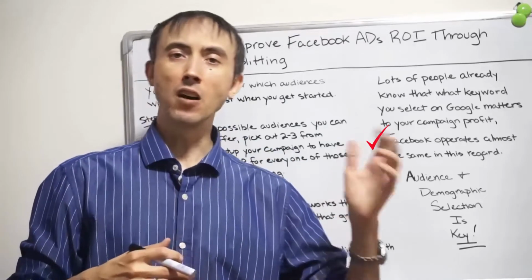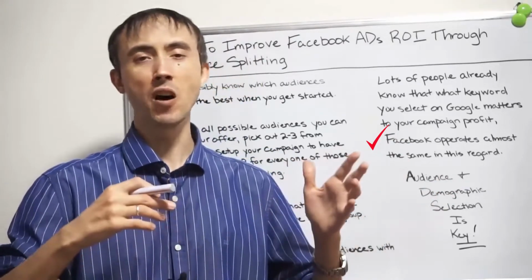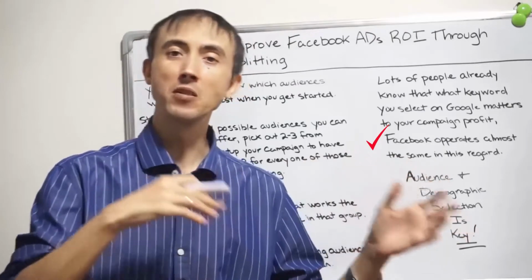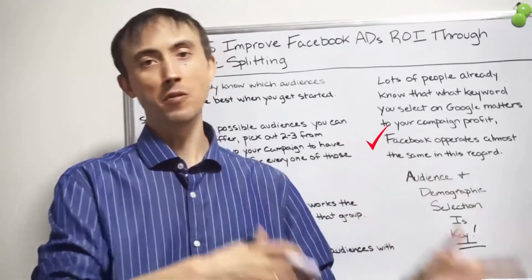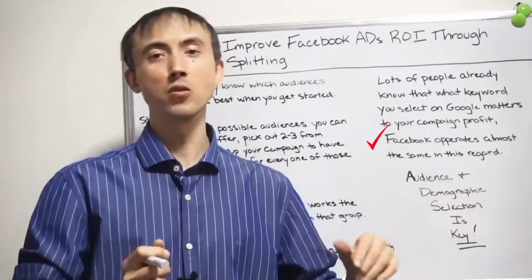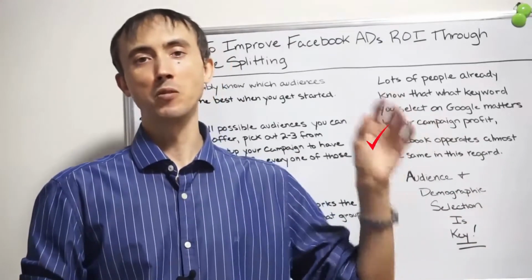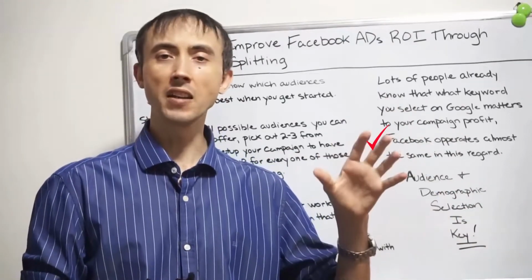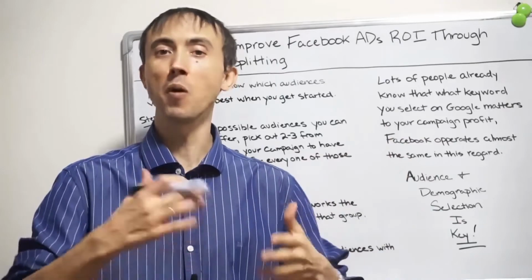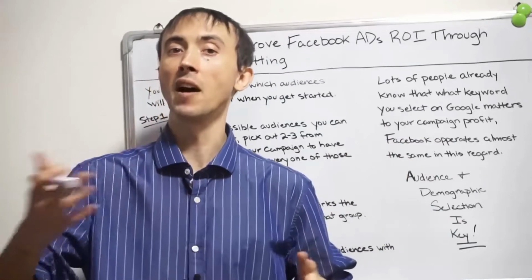Respectively, on Google as well, a lot of times people know that you have to set different bids depending on what device the user is on, desktop versus mobile, because they know that's part of getting a good ROI on Google.